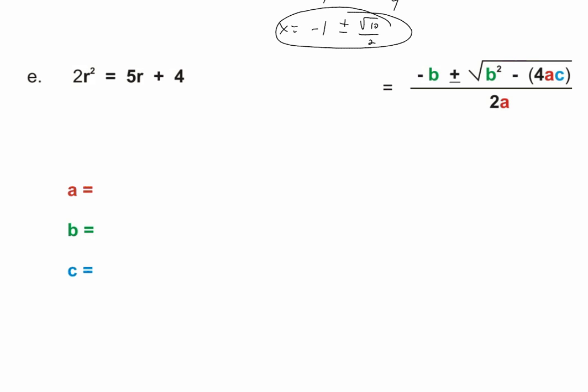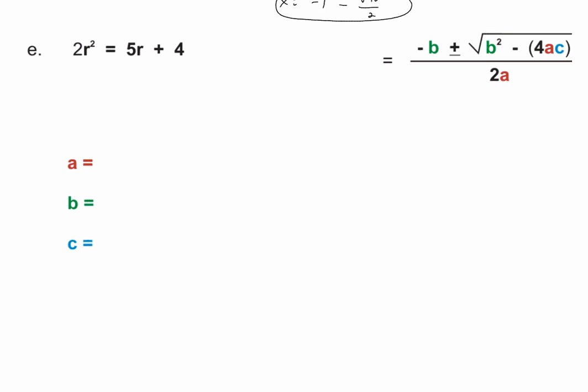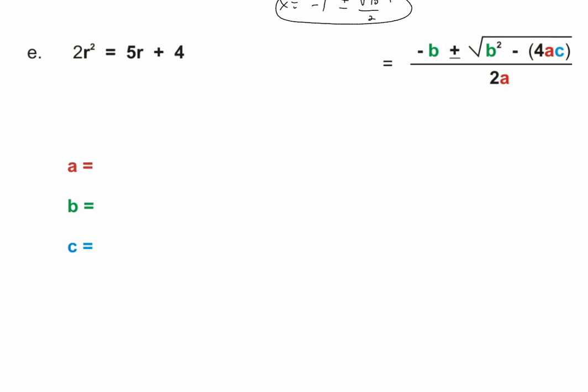Okay, here's one with R's for all you pirates out there. R. All right, A, B, and C. So go ahead and knock out A, B, and C. You can look up.